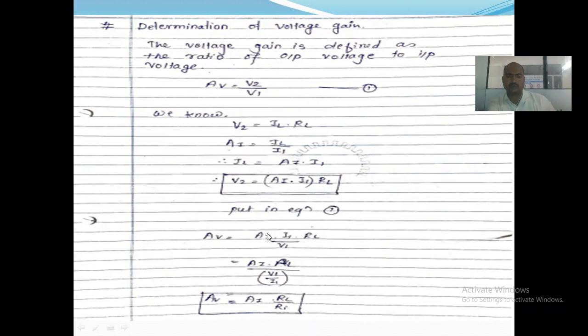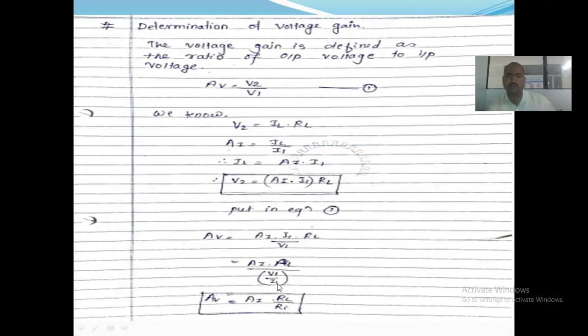Here we take AI into RL as it is, and V1 goes downward divided by I1. So AV equals AI into RL divided by V1 upon I1.